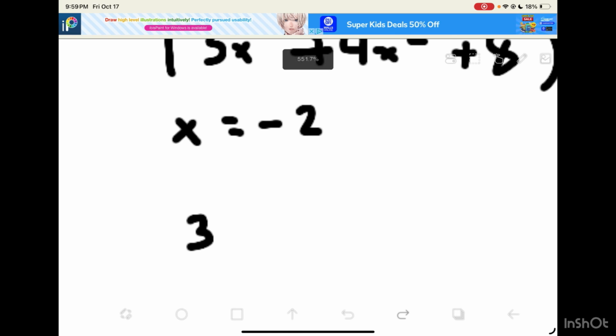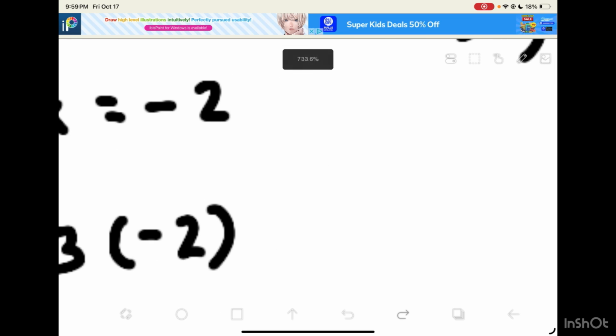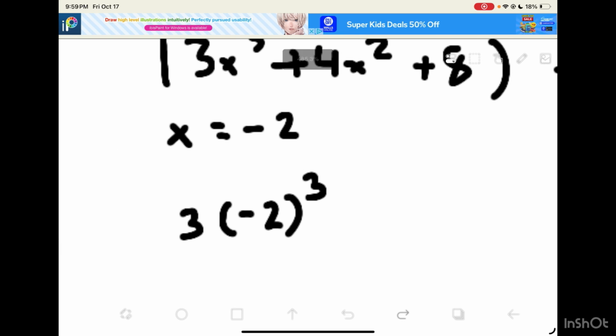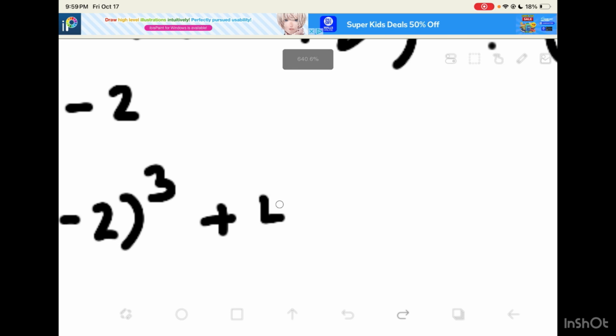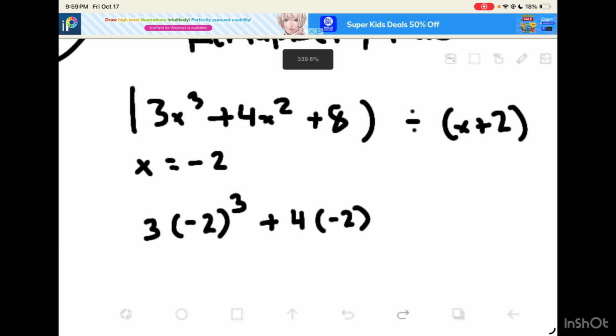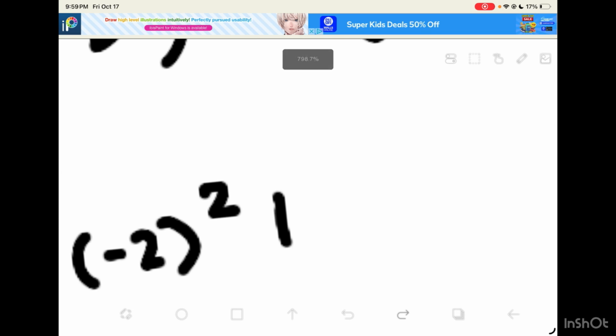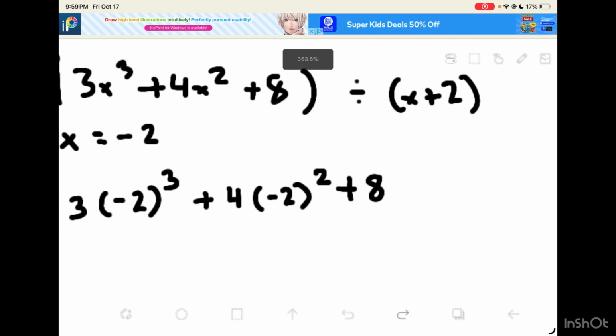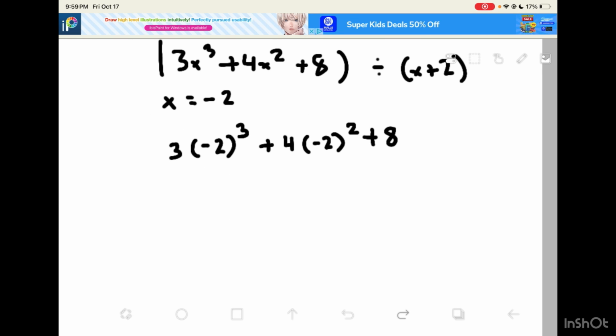So 3 times -2 raised to 3 plus 4 times -2 raised to 2 plus 8. Let's put that in our calculator because we just subbed it in.